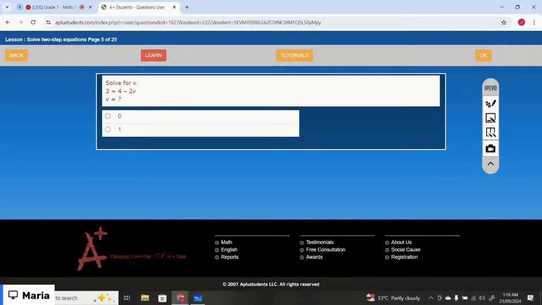Option number 2 is the correct option. The correct option is b equals 1. Very good.